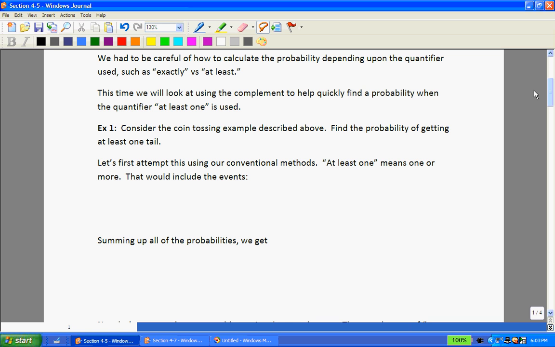Let's first attempt this using our conventional methods, what we know so far. At least 1 means 1 or more, so that means 1 tail, or 2 tails, or 3. So that includes the events tails, heads, tails.